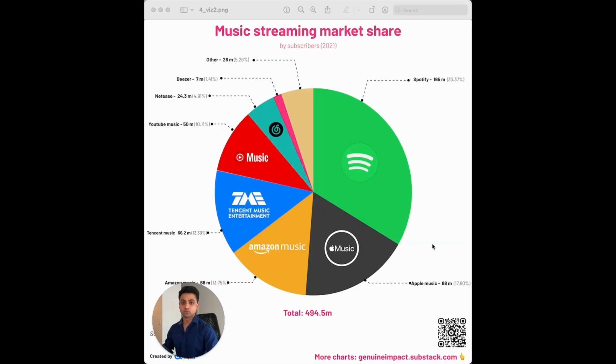Now, when we show graphs or data summaries, it's very critical that the data emphatically states the message that you're trying to get across. Okay, so let's take this graph as an example. Now, imagine you're trying to do a pie chart like they've done to understand the music streaming market share for 2021 by subscriber count.